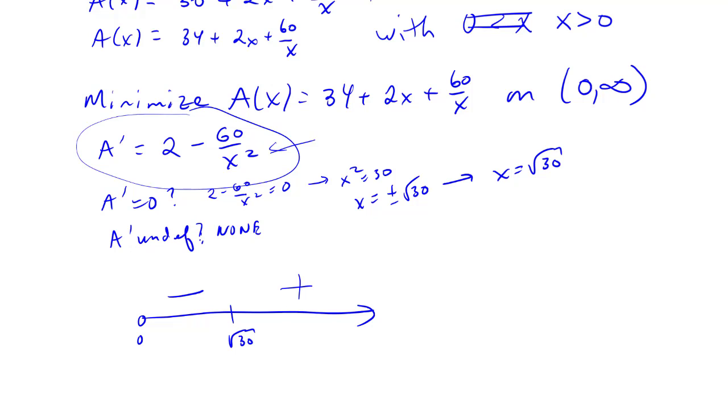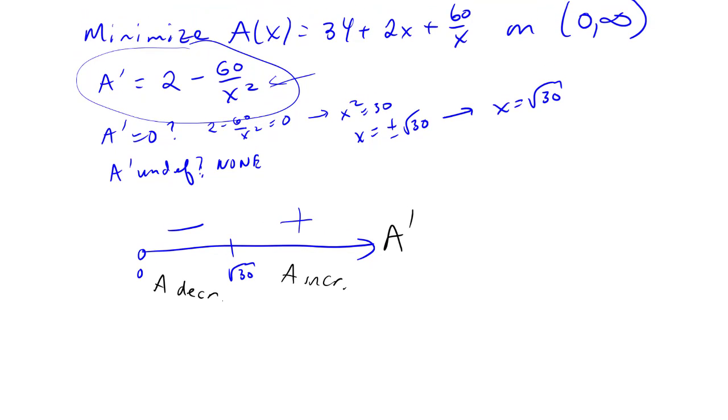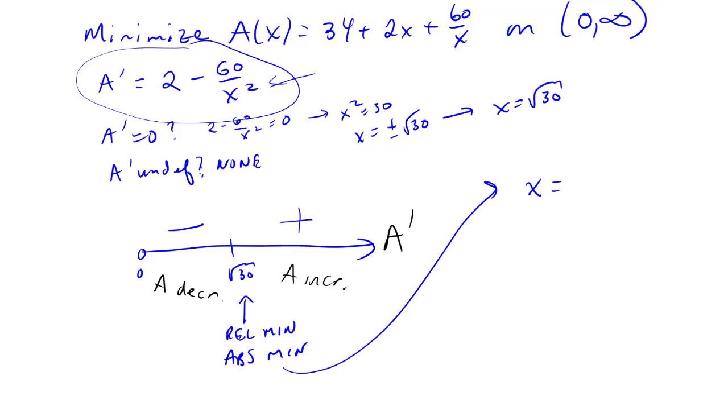So here A is decreasing, here A is increasing. And that would tell us that here is the relative min, but it also has to be the absolute min. So that tells us we should let x be the square root of 30.